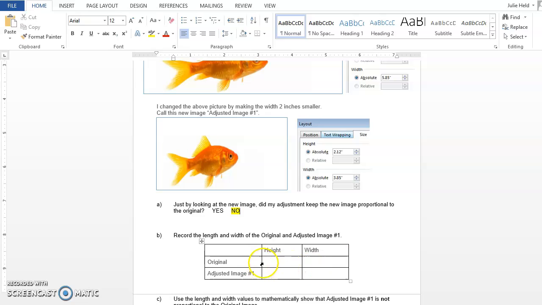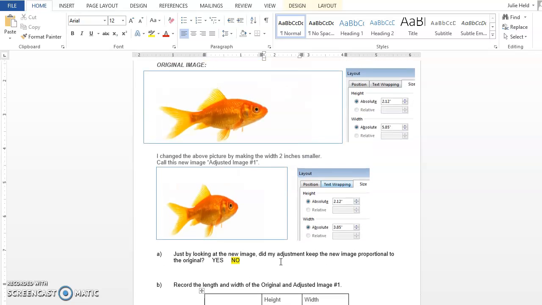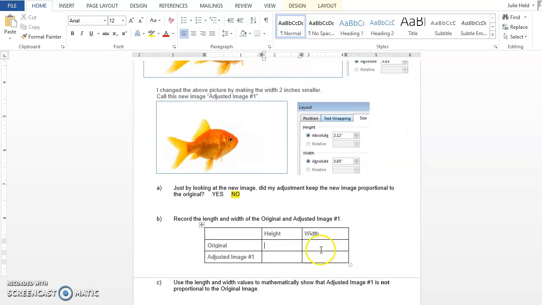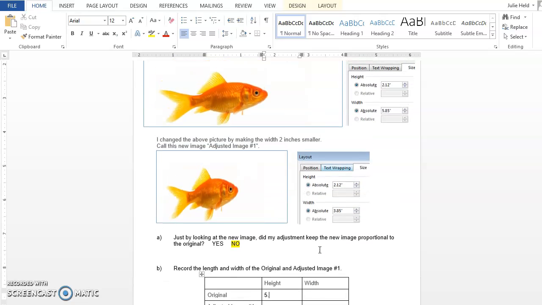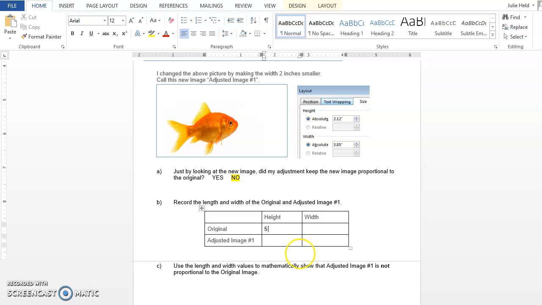So let's do some mathematics behind the scenes of what's going on. The original fish had a height of 2.12 and a width of 5.85, in inches.